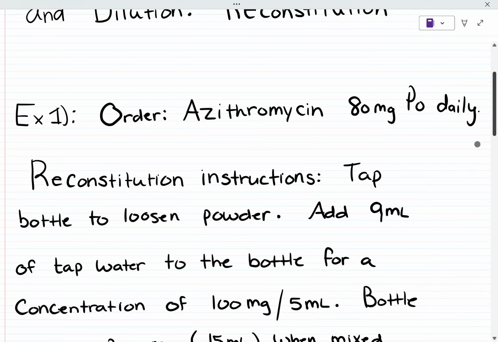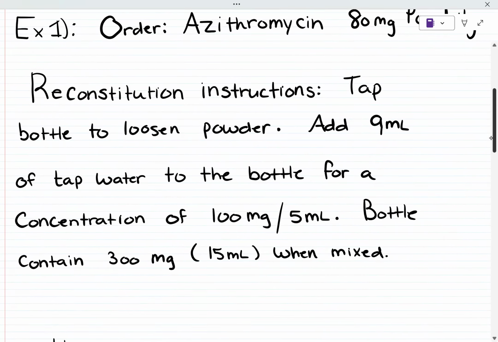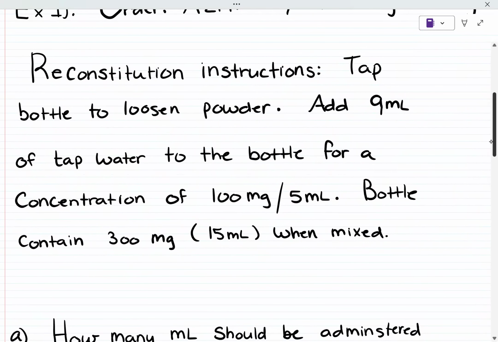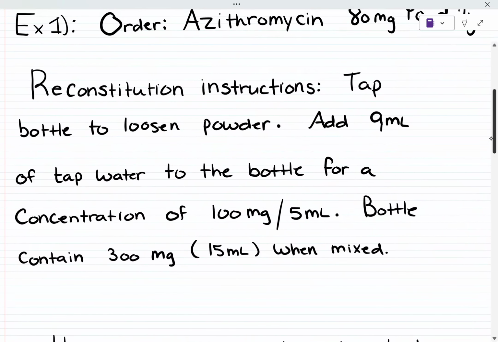The reconstitution instruction says tap the bottle of loosened powder, add 9 milliliters of tap water to the bottle, for a concentration of 100 milligrams per 5 milliliters. Bottle contains 300 milligrams, 15 milliliters when mixed. So this is definitely a reconstitution because we're adding a diluent or a liquid to a powder, right?